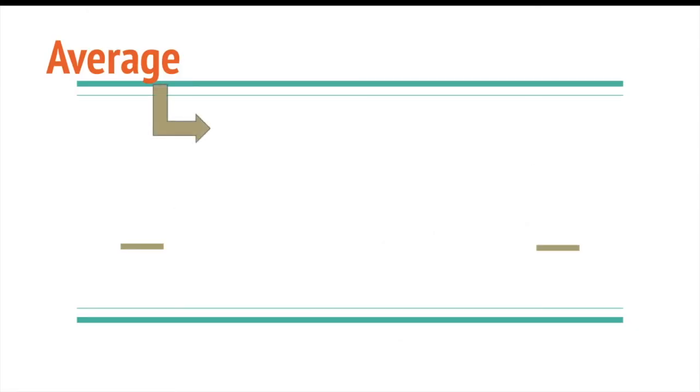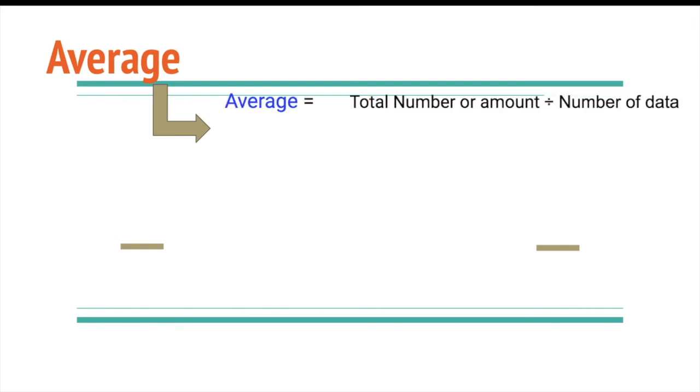Now, to summarize, we have talked about three types of problems. In the first, we are looking for the average. If that's the type of problem that you are going to answer, all you need to do is get the total number or amount divided by the number of data. This is the formula to get the simple average.